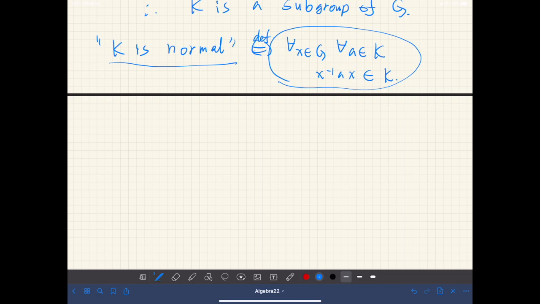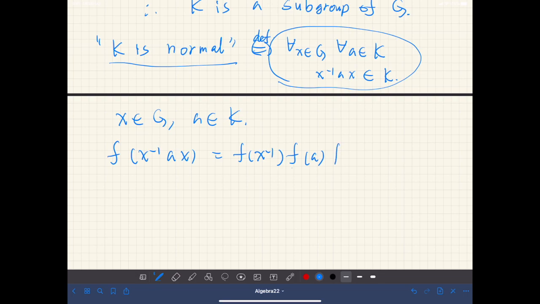So let x be any element of G and a be any element of K. Then we map x inverse a x, and since f is a homomorphism, this is f(x inverse) times f(a) times f(x). But f(x inverse) is the inverse of f(x).